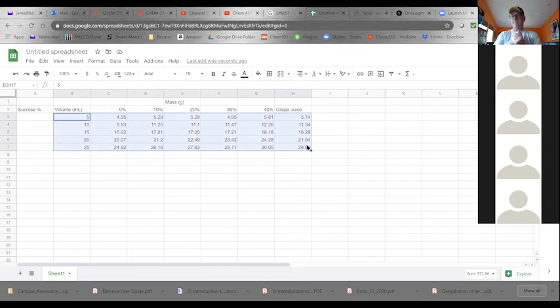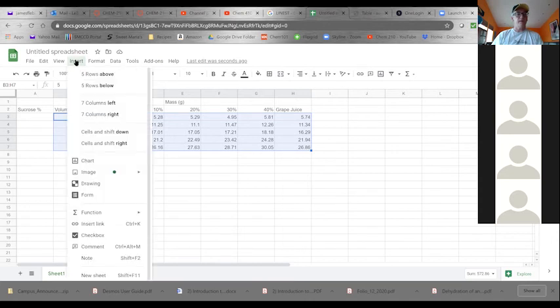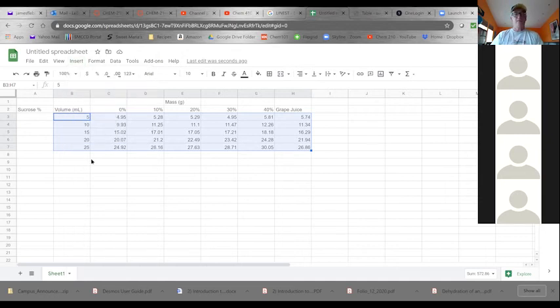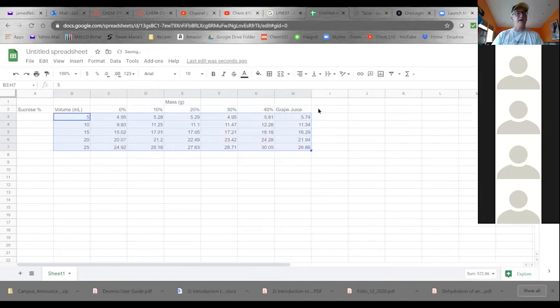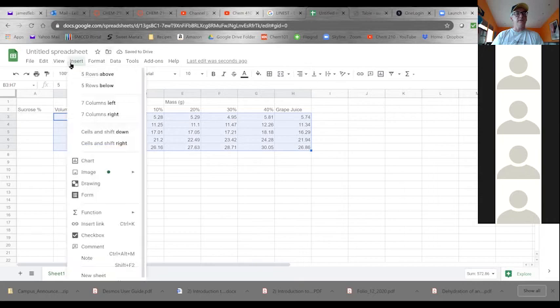Basically the first one will be treated as the X axis, and then any additional ones will be treated as Y. Then I just come over to insert, because I want to take this data and insert it into a chart. Oops, no, I don't want that chart.